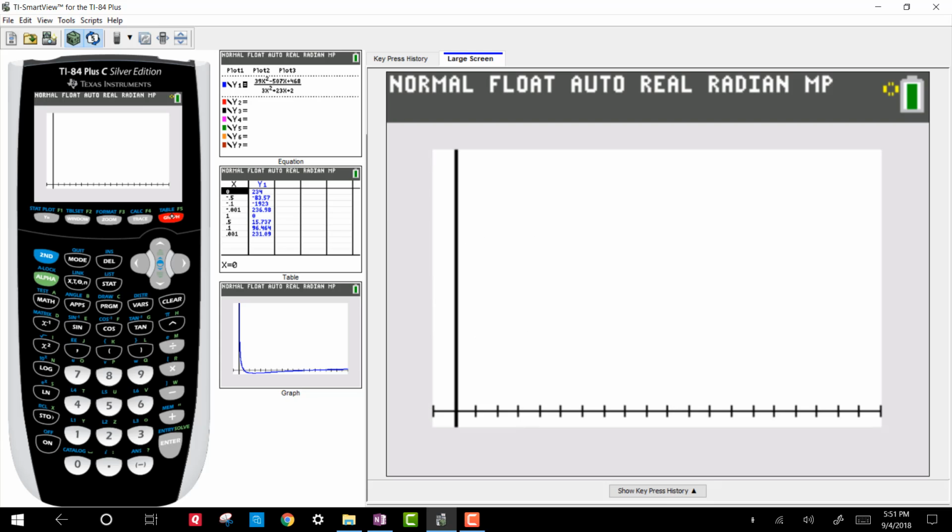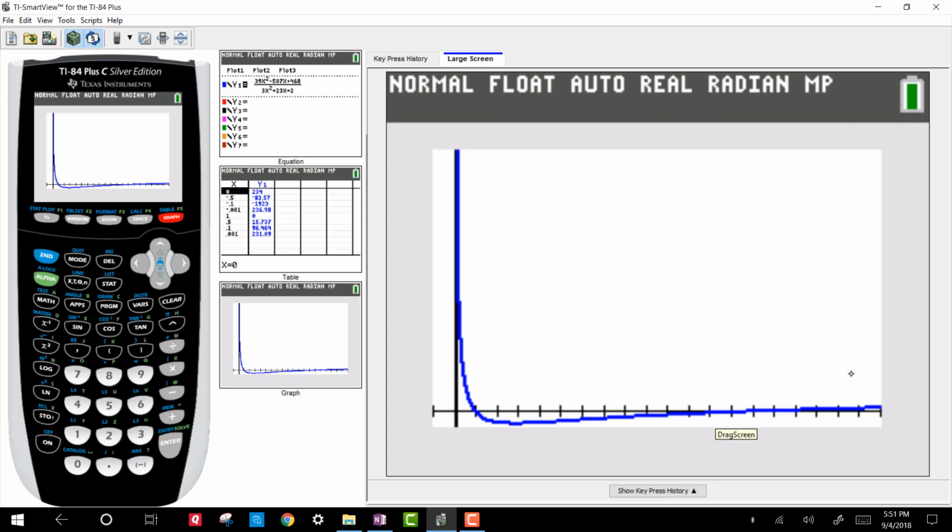So if we hit graph, alright, so here's my graph, and I can see where it goes down under the ground, looks like right around x equals 1, coming out of the ground over here somewhere. I'm sure it said that in the story, but the y-axis definitely looks a little long.